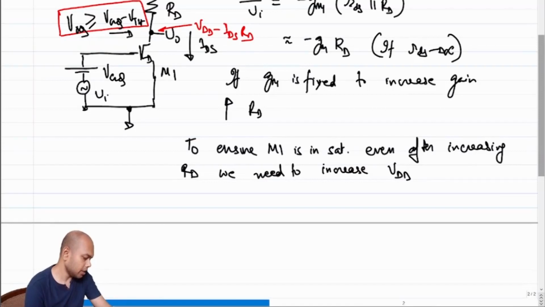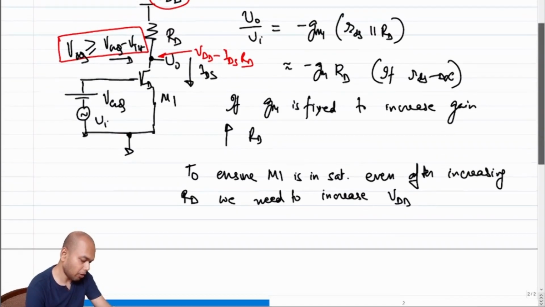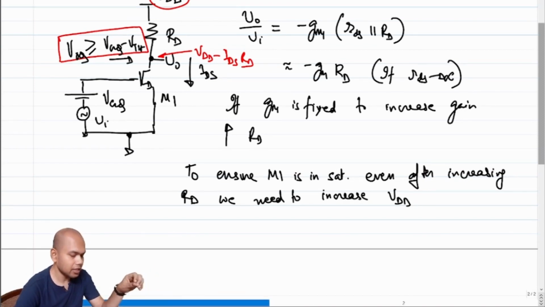Right? And that is why in some of the problems that you have already done in this course, you would have seen that sometimes the choice of VDD is 5 volts, sometimes 7 volts, sometimes 10 volts. The different choices of VDD are there so that we can ensure that the transistor in question remains in saturation.